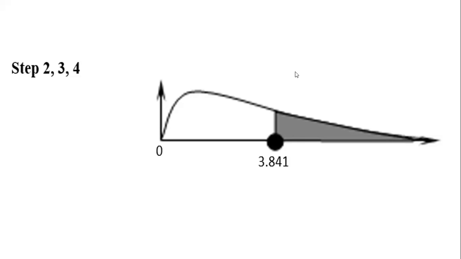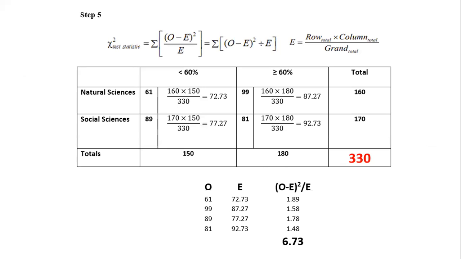So here's the critical region identified. We move on to step number 5: we have to calculate the chi-square test statistic. Here's the formula, which we introduced already. It is the sum of O minus E all squared divided by E.